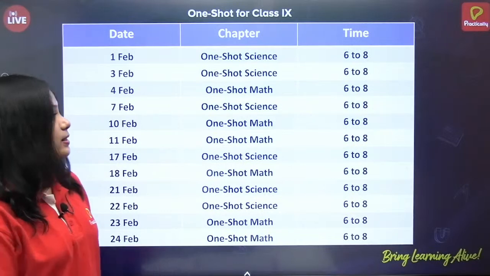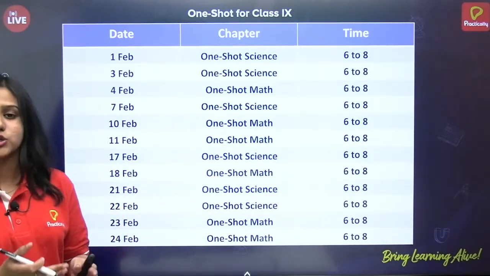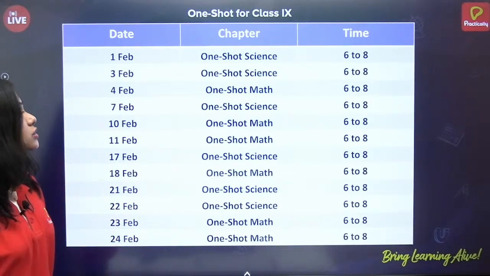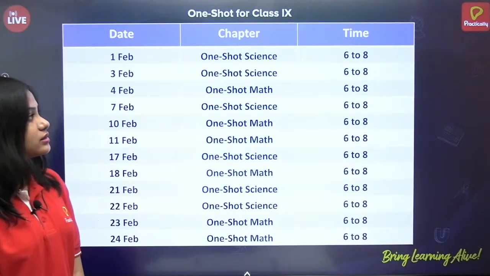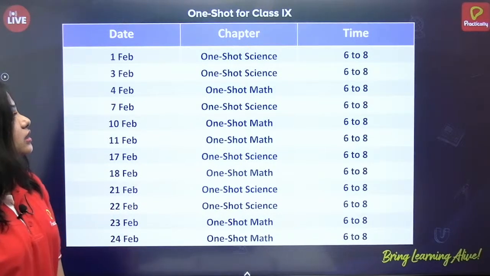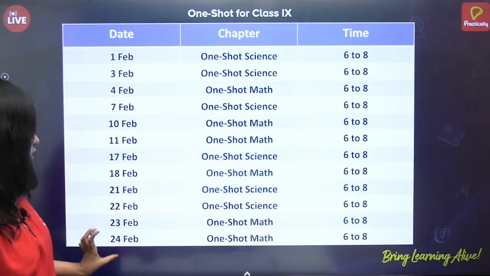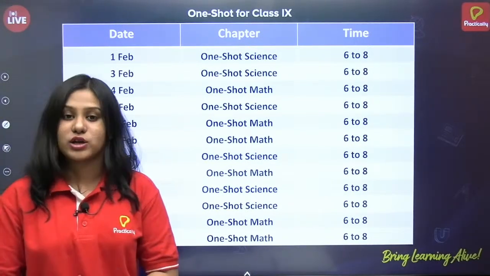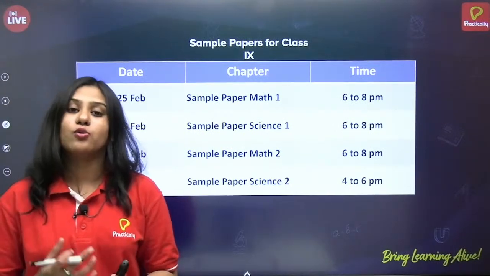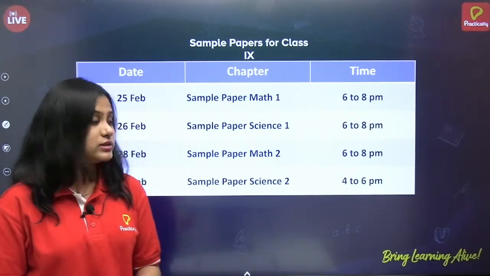Before starting the session, let us once go through the schedule of the one shot and sample papers. For the class 9 one shot, the time slot is 6 p.m. to 8 p.m. for math and science. It started on 1st Feb and will continue till 24th Feb, and after the one shot series we will have sample papers of the same. We will discuss sample papers according to the CBSE guidelines.